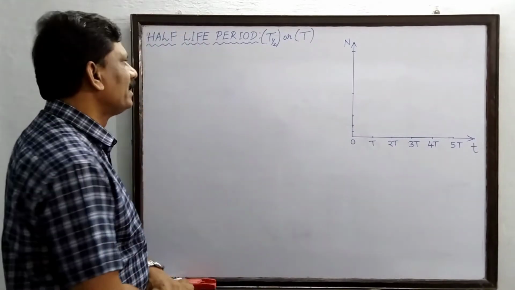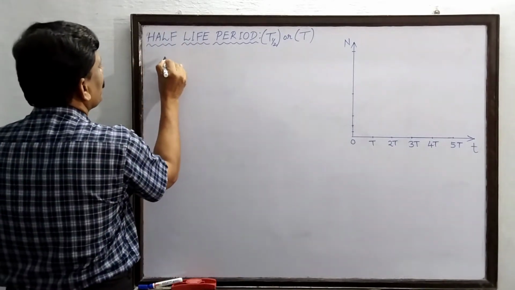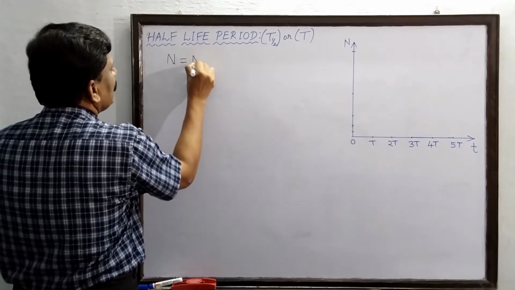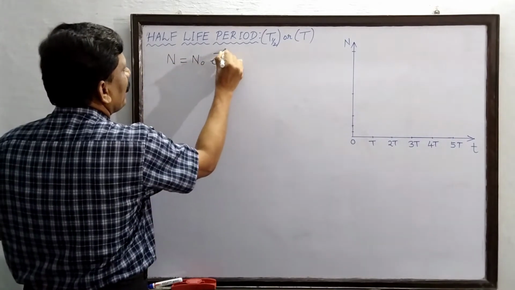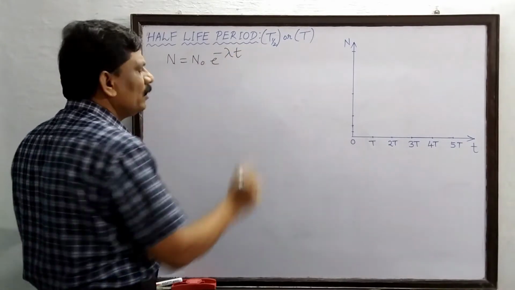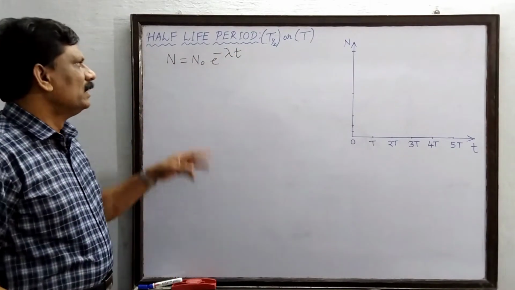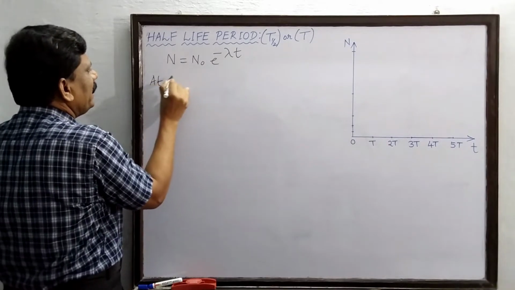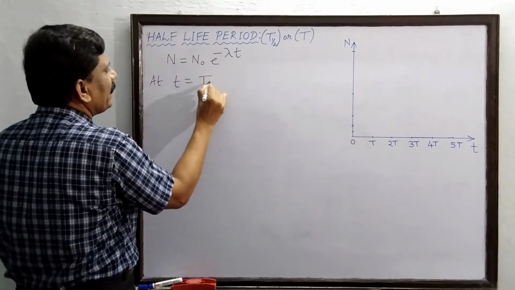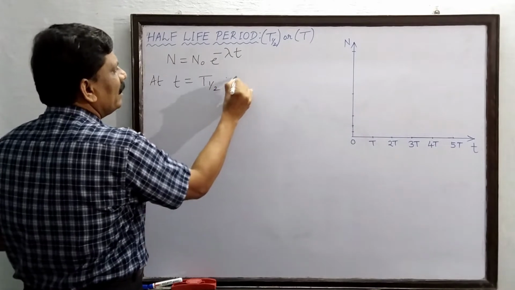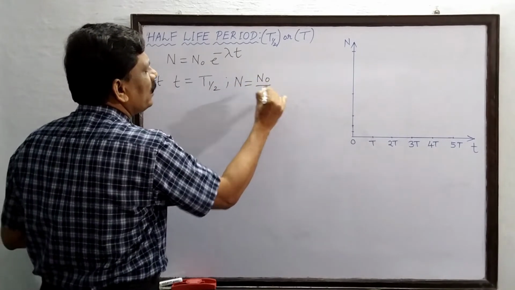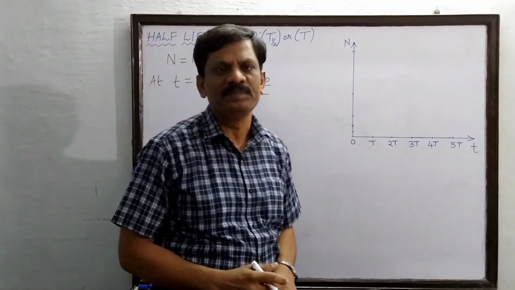So for that, let us start from the decay equation. We know that N is equal to N0 into e to the power of minus lambda into t. I will take time t equal to T half. At a time t equal to T half, the number of atoms remaining will be equal to 50% of the original number, that is N0 by 2.